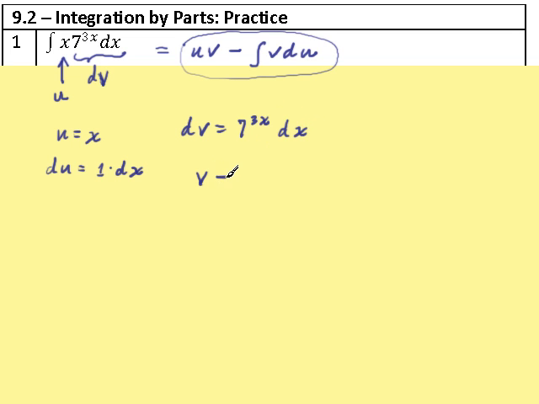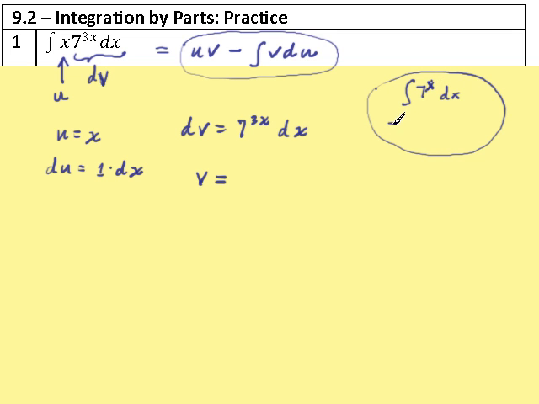And so v is equal to, okay, so let's first remember over here, just on the side. Let's remember what the integral of 7 to the x dx is.